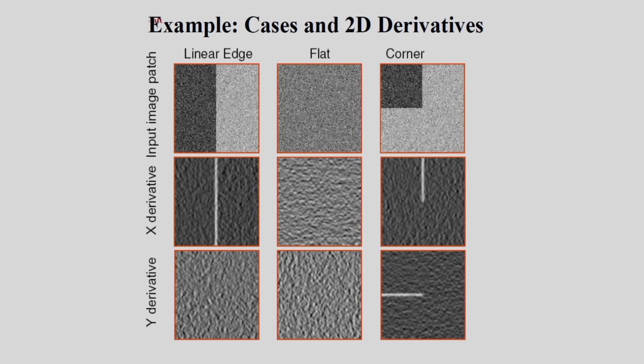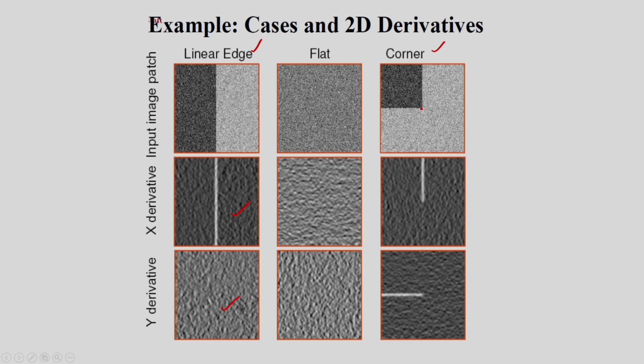The concept is like this: if I consider these images, the first image is a linear edge, the second image is the flat image, that is the almost homogeneous image, and the third one is a corner point. Corresponding to the linear edge, I will be getting the x derivative like this, and this is the y derivative.